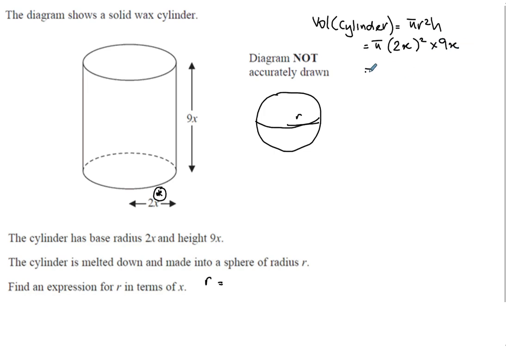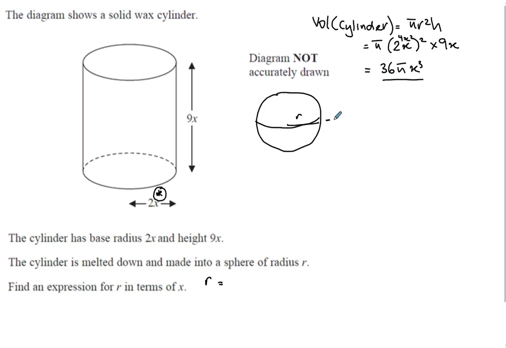So 2x squared would be 4x squared. In terms of numbers, 4 times 9 is 36 pi, and then we've got x squared times x is x cubed. That means the volume of the sphere will be that as well.